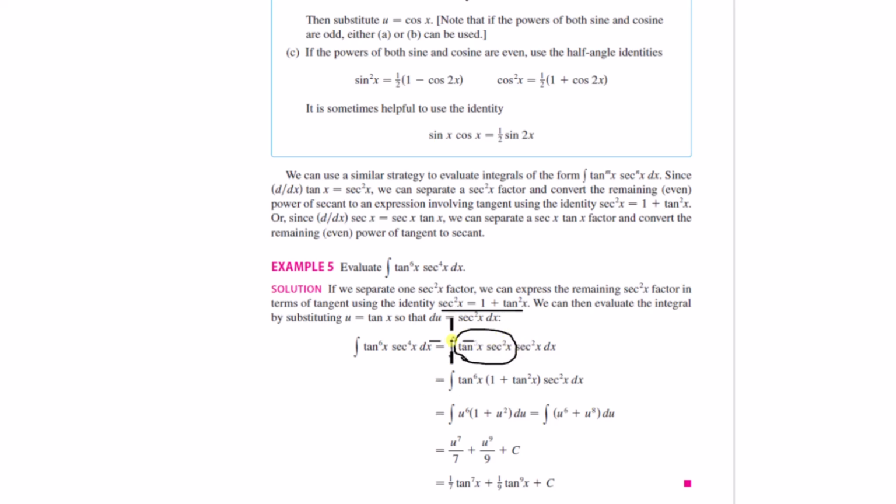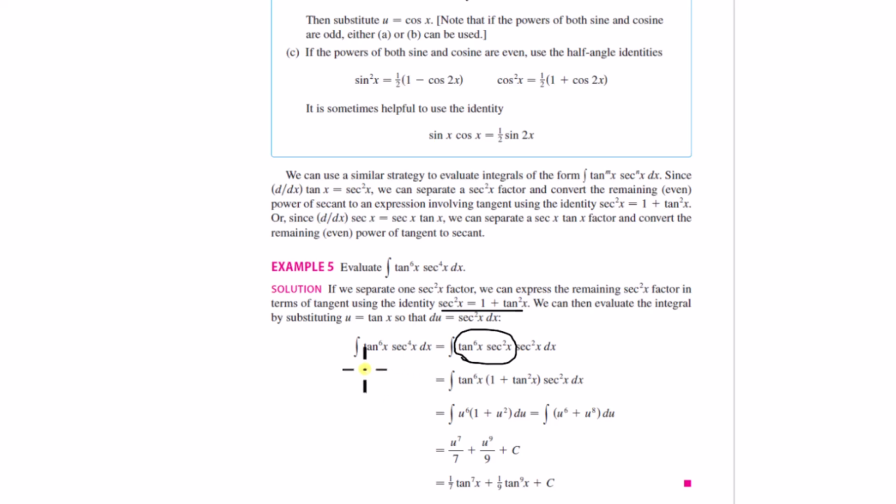That's the idea. If we have a product of powers of tangent x and secant x, we want to separate out a secant squared x dx and then convert the remaining function to just a function of tangent x, which allows us to make the u substitution that u is equal to tangent x. Therefore, du is equal to secant squared x dx.